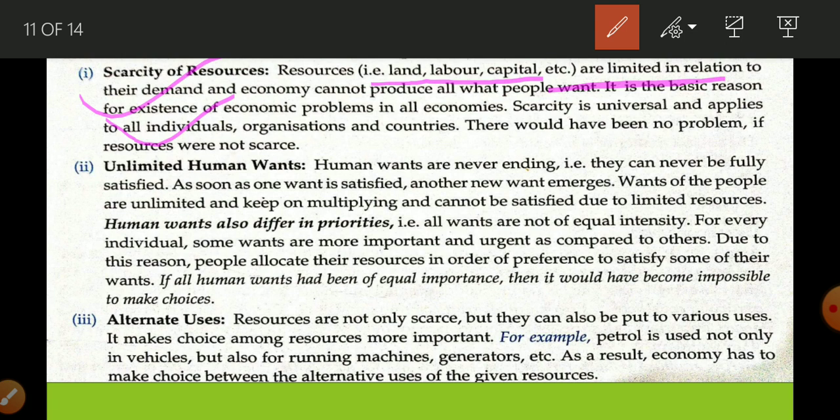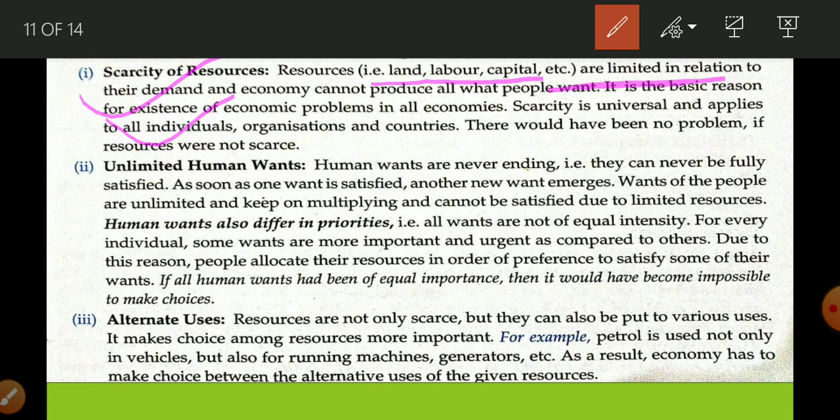Our resources are limited. The second reason is unlimited human wants. Obviously our wants are unlimited. When one want is completed, another want comes into your mind to replace it. Suppose when you are in class 6 to 8, you want to purchase a bicycle, but when your father has given you a bicycle, immediately you start to think about purchasing a bike or a scooty.